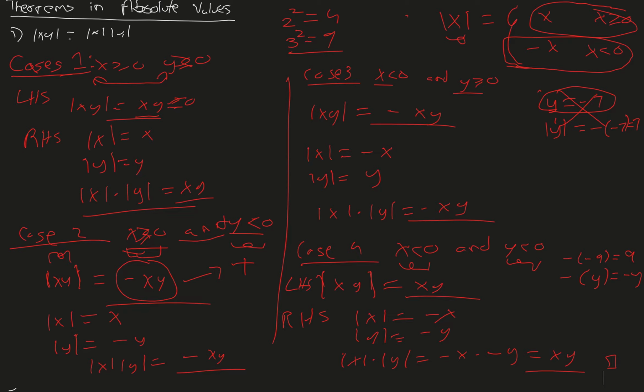So let's take a look at how we can prove the same theorem in an alternative way. For that, I want you guys to note this lemma, which we're not going to prove, but I want you guys to do it as practice. So we can take modulus of xy as square root of xy whole squared.